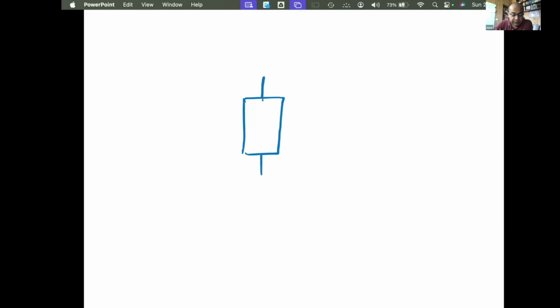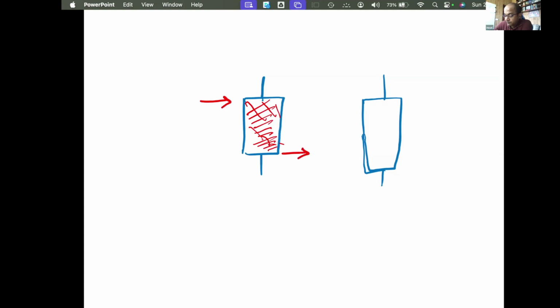Now depending on the color of the candlestick, suppose this candlestick is red. The body of that candle is red. It basically means that the open was higher and the close was lower. So if you look at this as a bar chart, it would be something like this.